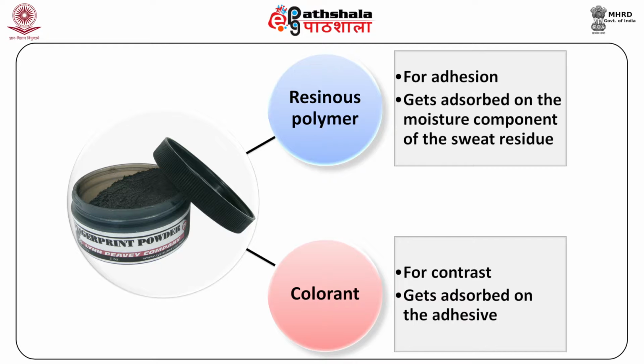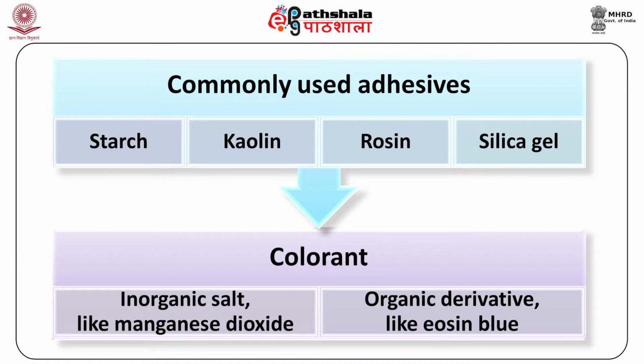In this manner, the ridge pattern is visualized. The commonly used adhesives are starch, choline, rosin, and silica gel. The colorant may be an inorganic salt like manganese dioxide or an organic derivative like eosin blue.